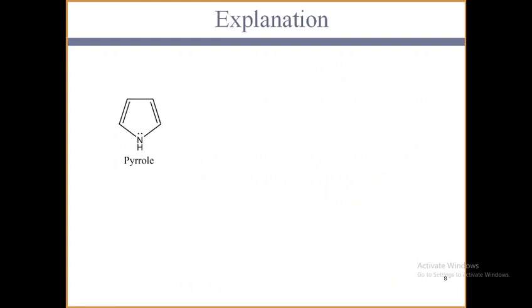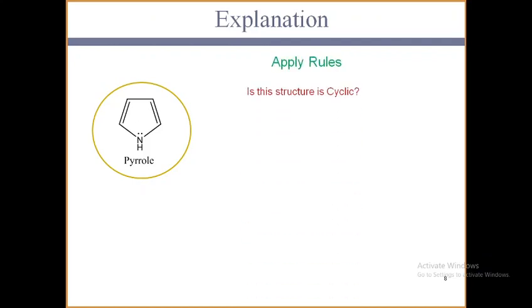Next example, that is pyrrole. Now we apply the rules. First, is this structure cyclic? Yes. Is resonance possible? Yes. In this structure, the resonance is possible because of this lone pair of electrons. Because of this lone pair of electrons, the delocalization is possible, and that's why this compound produces its resonating forms.